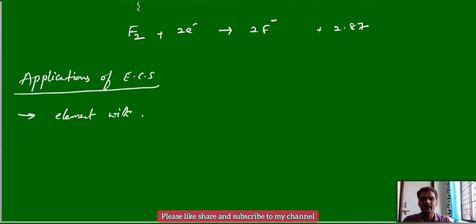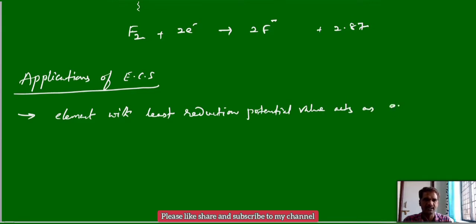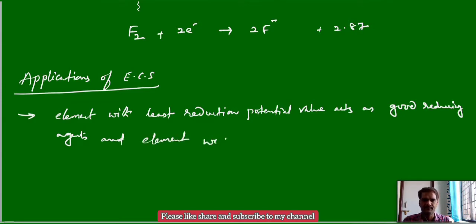A metal or element with the least reduction potential value acts as a good reducing agent. And an element with high reduction potential values can act as a strong or good oxidizing agent, an element with more reduction potential values.